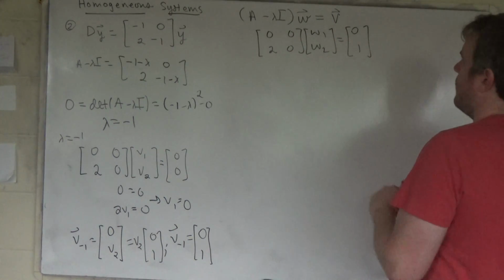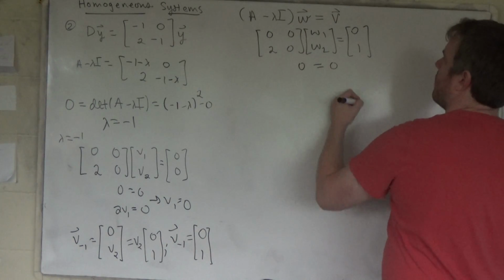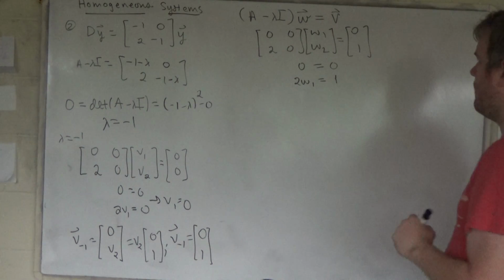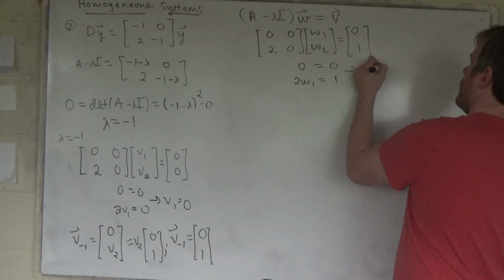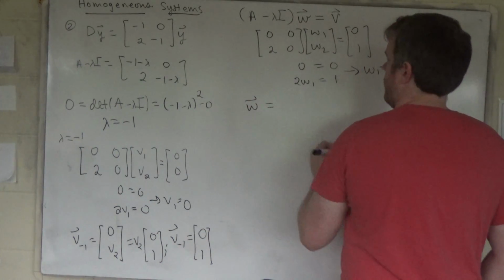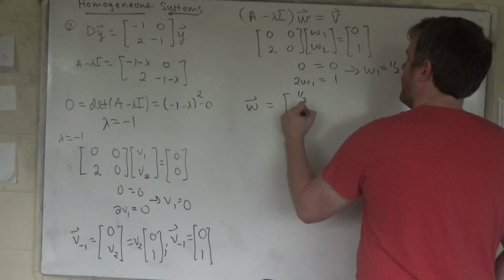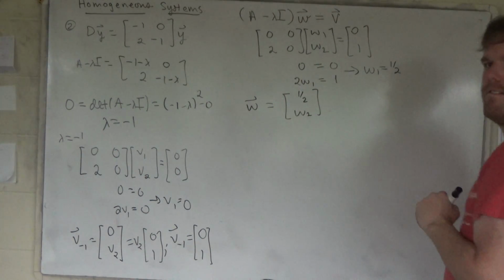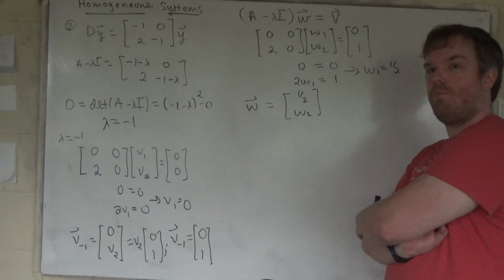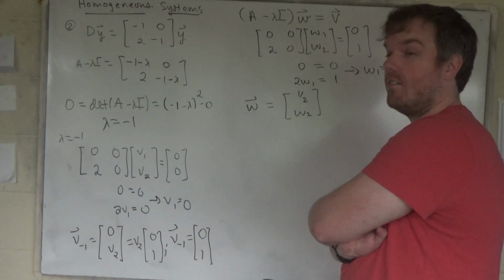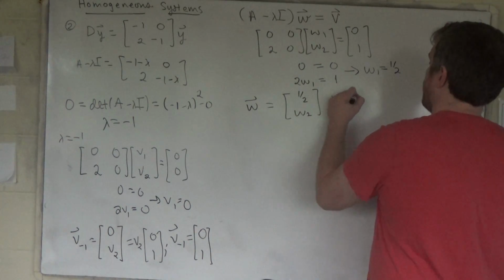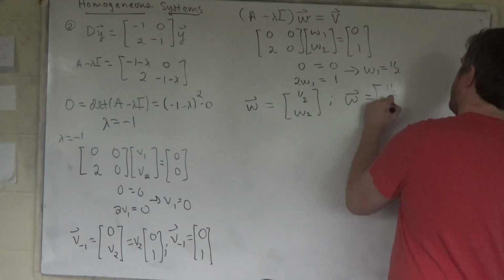This yields a system of equations: 0 equals 0, and then 2W1 equals 1. This tells me that W1 equals 1/2, with W2 free. Now, what we want out of this W is to make it as easy as possible, and usually setting quantities equal to 0 makes things easier. So we're going to take W to be 1/2, 0.